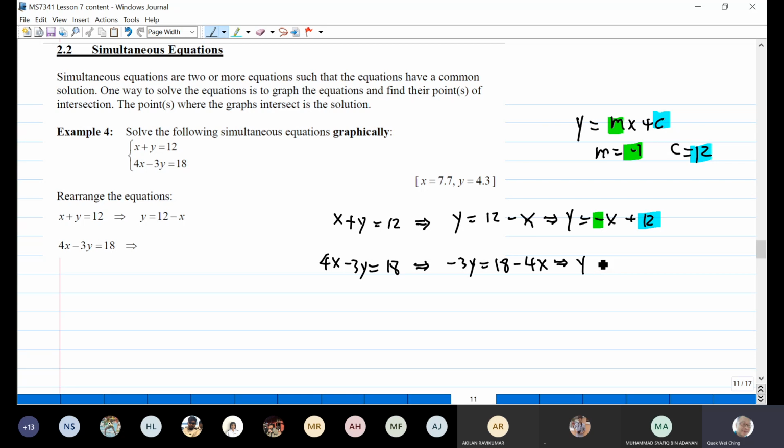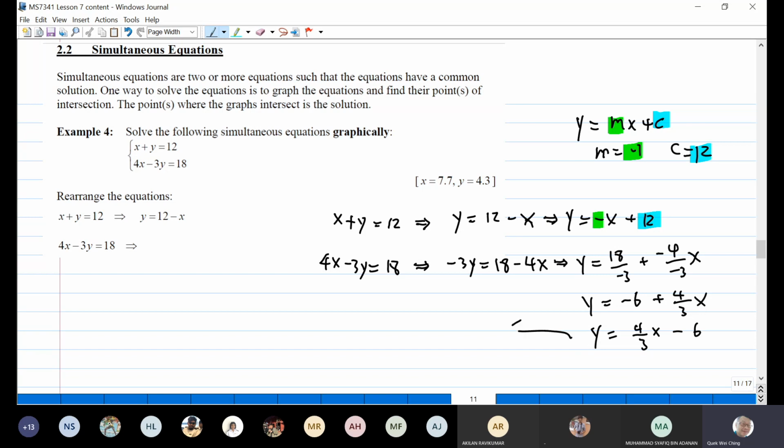So y equals 18 over minus 3, plus minus 4 over minus 3 x. 18 over minus 3 is minus 6, and minus 4 over minus 3 is 4 over 3. So this is actually y equals 4 over 3 x minus 6.